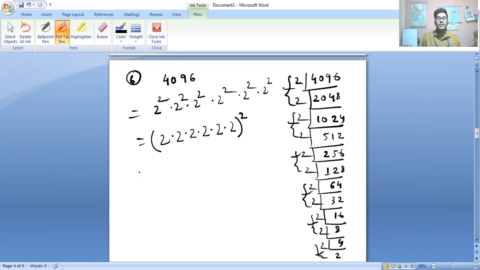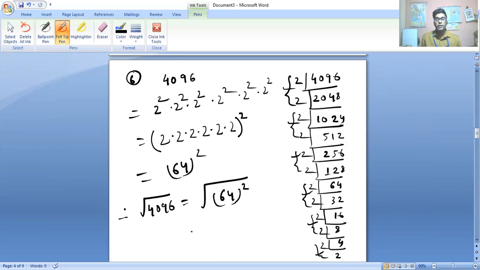So 2 to the power 6, right? So multiply then: 2 times 2 is 4, 4 times 2 is 8, 8 times 2 is 16, 16 times 2 is 32, 32 times 2 is 64. So therefore, root under 4096 is equal to root under 64 whole square. So that is 64. This is the answer.